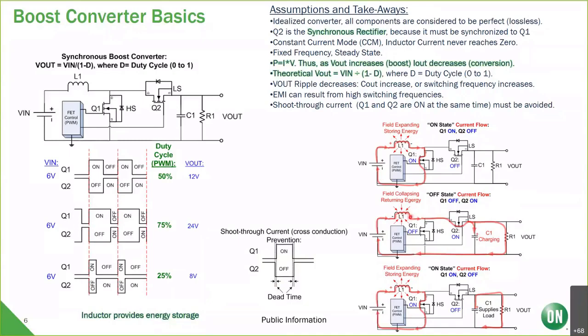But note, this stored energy is in series with the V-in. So now we have 2 sources in series, and that's really what drives the boost. And then we go back to Q1 being on, which is the same state as here, but we also have a charged output cap, and that'll discharge into the load. So that gives you some of the assumptions and takeaways of boost converter basics.